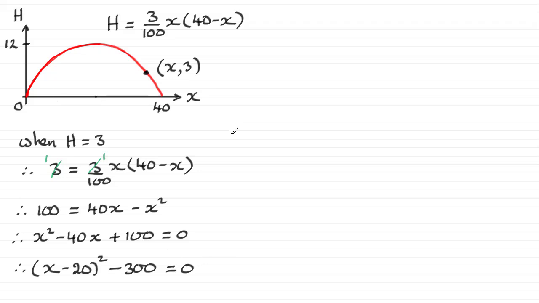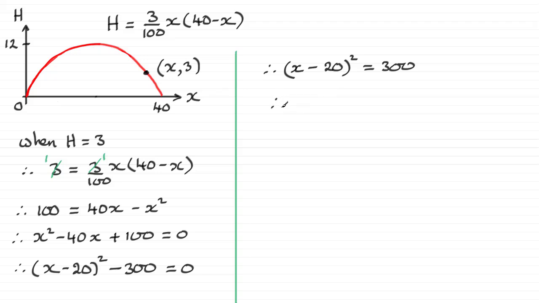So all I need to do now is add the 300 to both sides. That's going to leave me with x minus 20 all squared equals 300. Then if I take the square root of both sides, I end up with x minus 20 equaling the square root of 300.